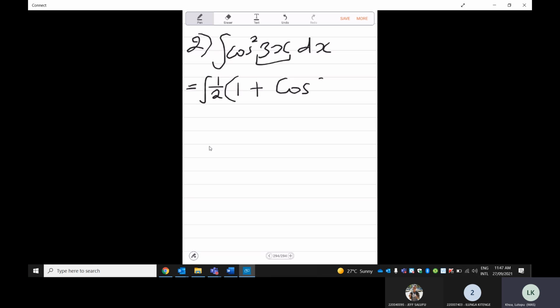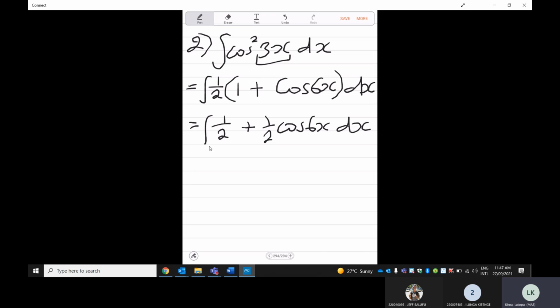So that is 6x, and then dx. So you'd have to then multiply out your brackets or take the half out and then integrate. So this is the integral of half plus a half cos 6x dx.